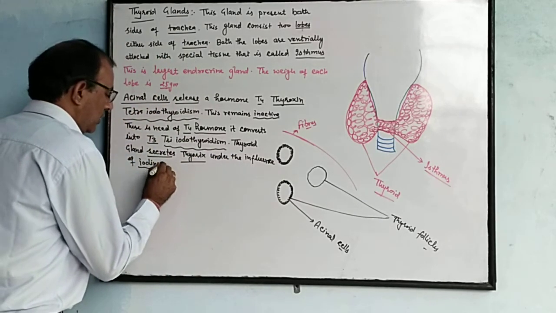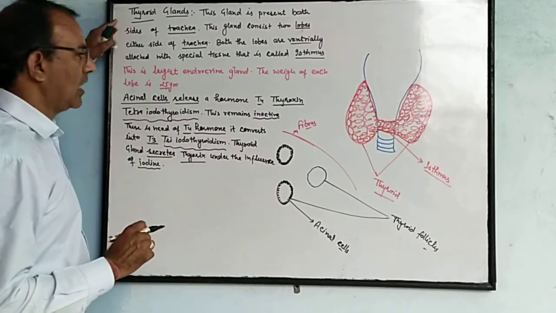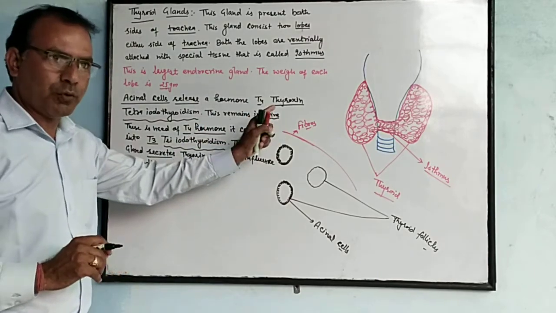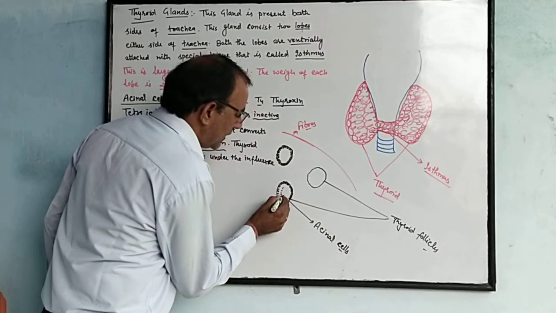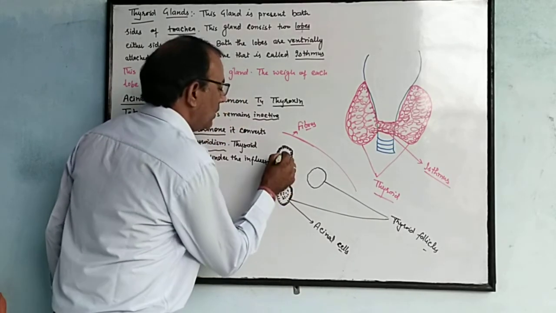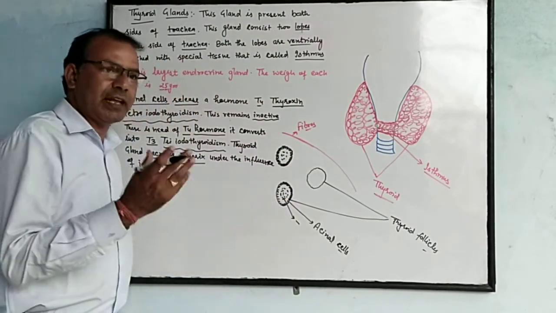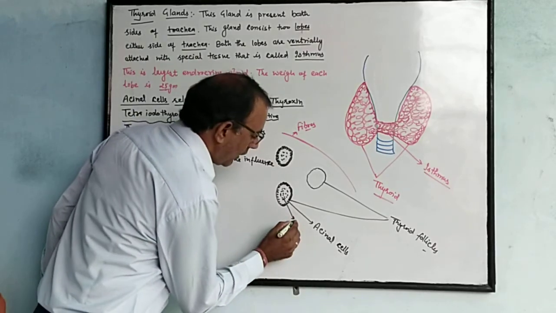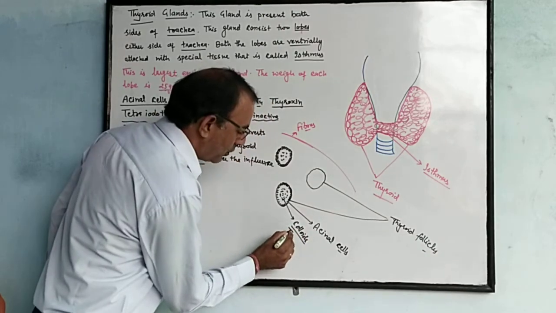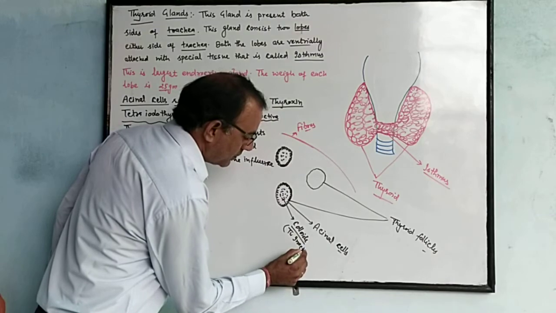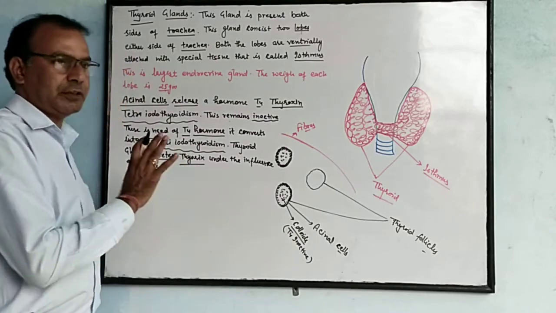It means when the amount of iodine in the body is balanced, then at that time the acinar cells of the thyroid gland release thyroxine hormone. But this thyroxine hormone is inactive and it remains inside the cavity, in a jelly-like substance called colloid. Colloid holds T4 hormone, which is inactive, and when there is need of thyroxine hormone, it converts into T3.